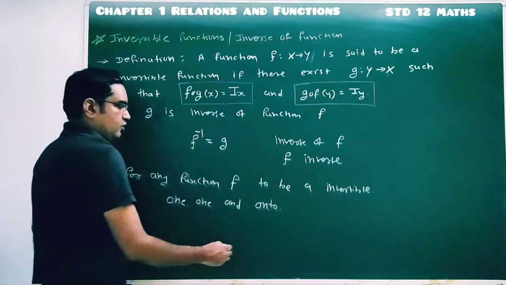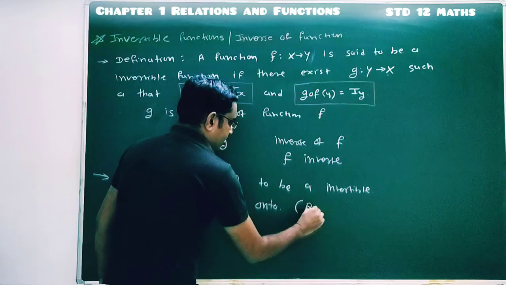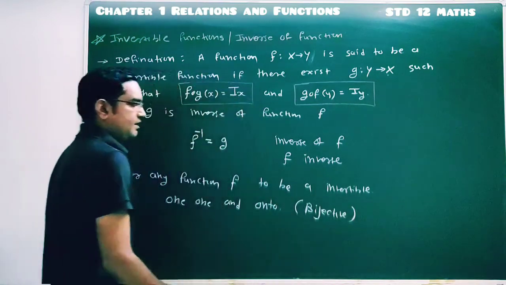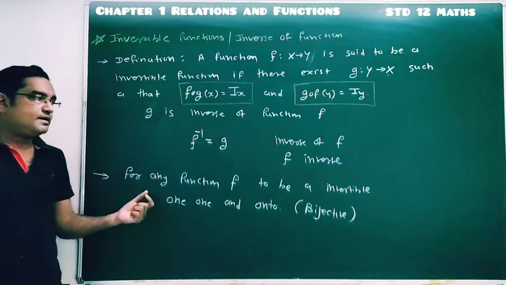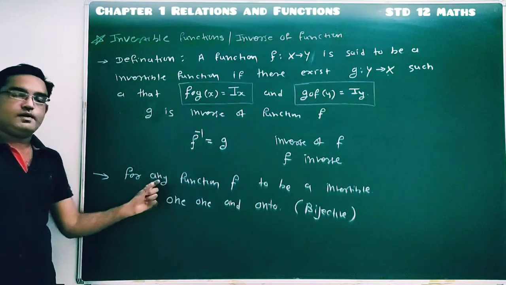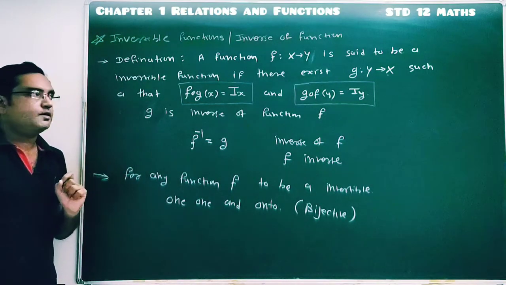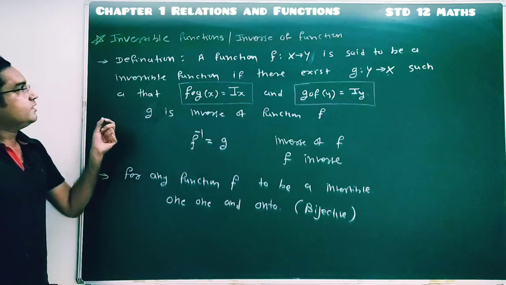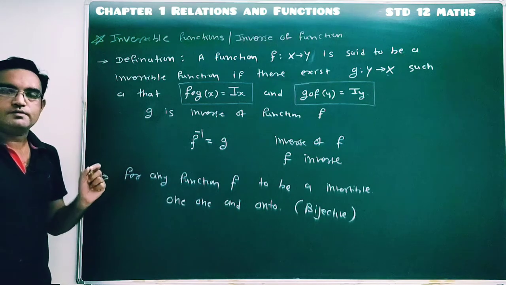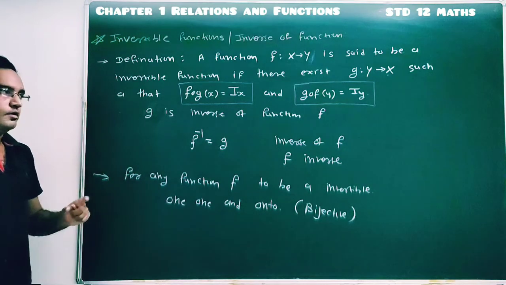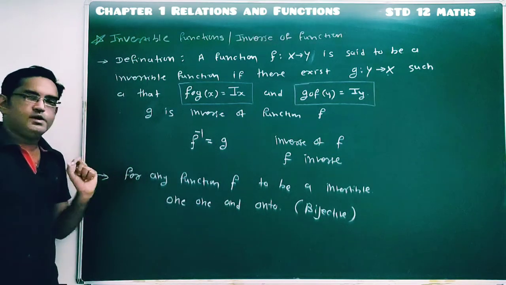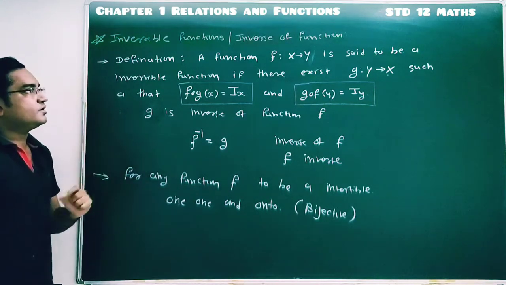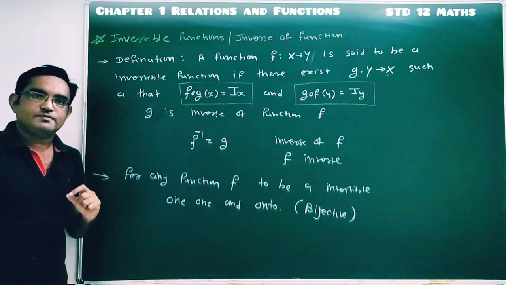If the function is a bijective function, then its inverse exists. Clear? So this is the definition of inverse of function or invertible function. Now pause this video and note it down, and then we will try to solve some questions based on this inverse of function.